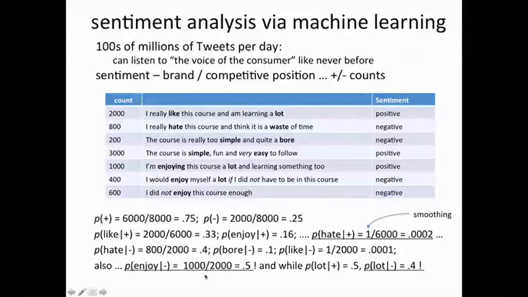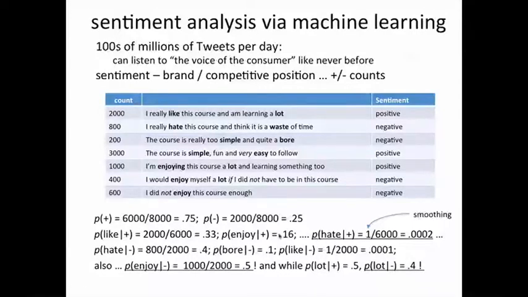Note also that the probability that enjoy, which might be thought of as a positive comment, amongst the negative comments is not that small. And we'll come to this phenomenon later. The reason is that the enjoy is occurring along with a negative term. Similarly with lot.